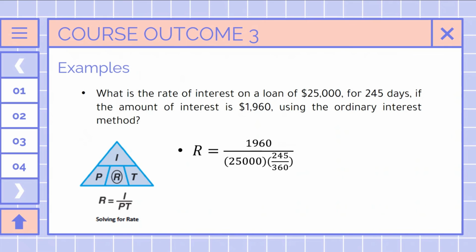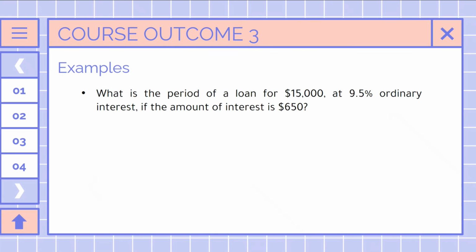The interest is 1,960, the principal is 25,000, and the time is 245 over 360. As we compute this, we will get 0.1152, and then we need to multiply it by 100 since we're looking for the percentage. So we will get 11.52%.